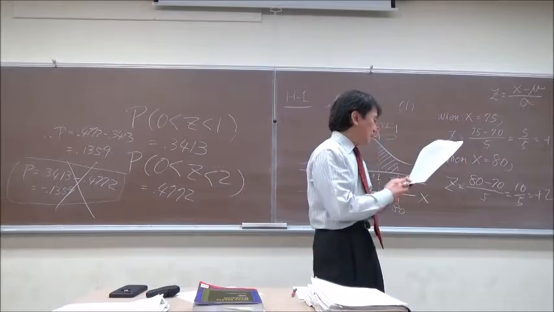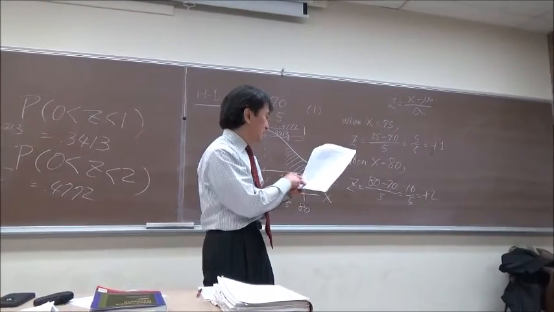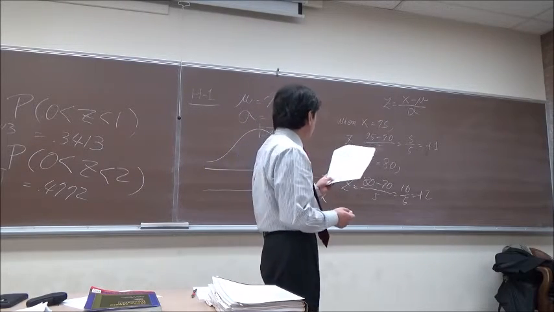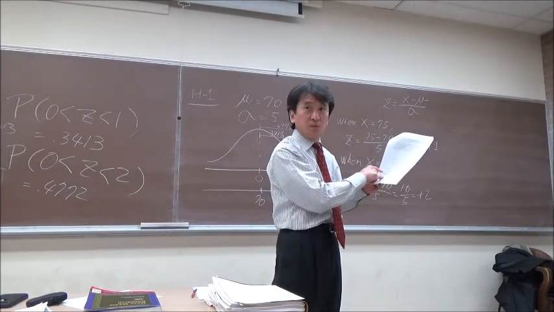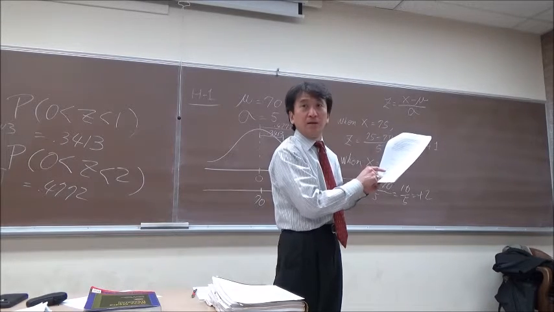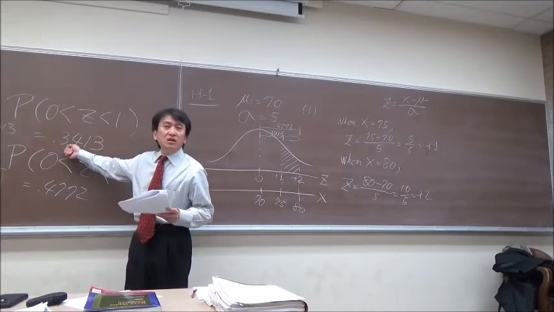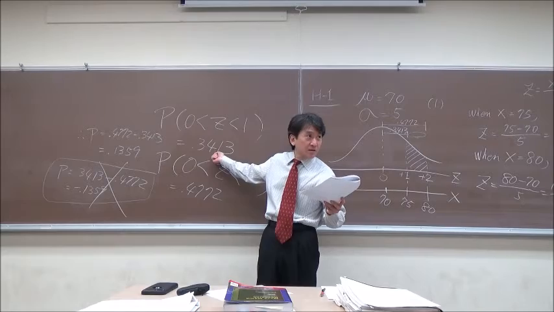So on page 9, the first one, z equals plus 1, right? And then the area under the normal curve from z equals 0 to 1.